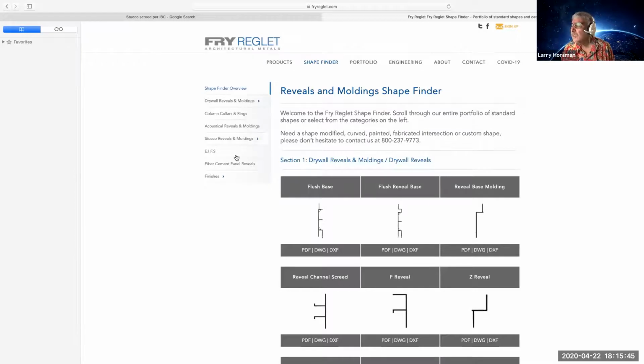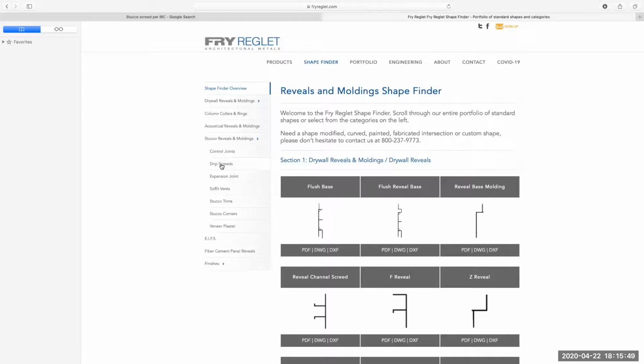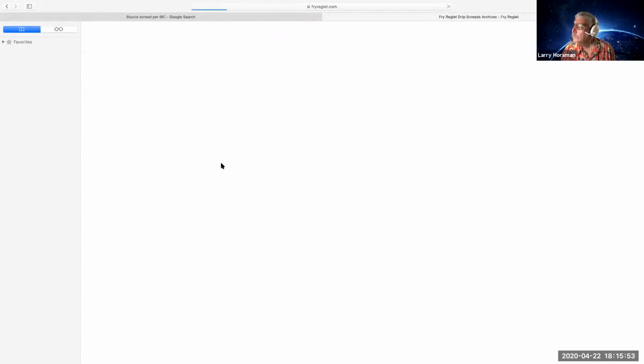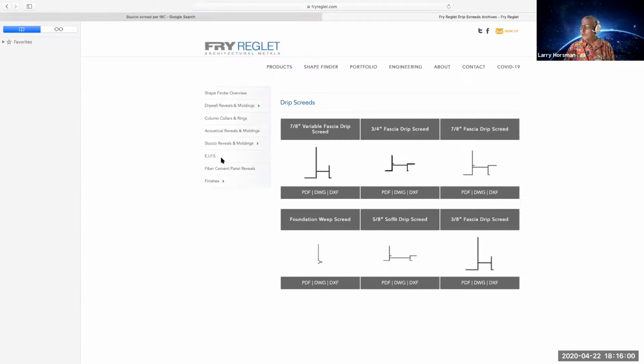Siding, okay. So we could look at drip screeds. I was looking at some of the drip screeds, because they have a variety of drip screeds too, depending on where they are.